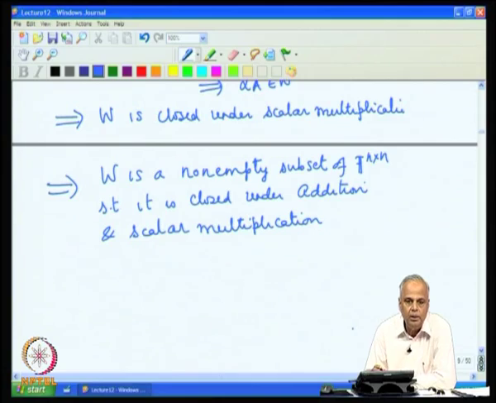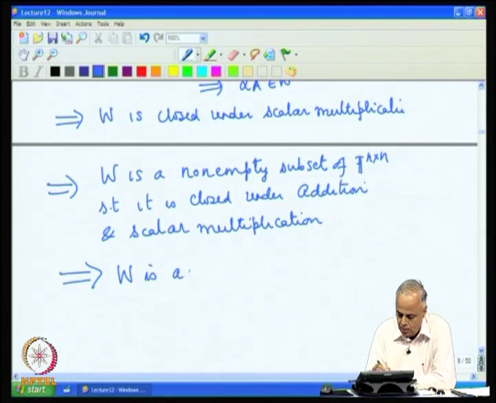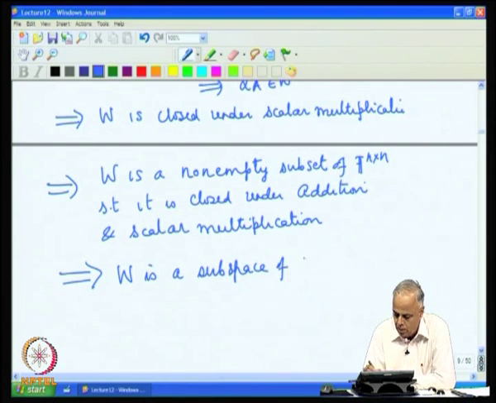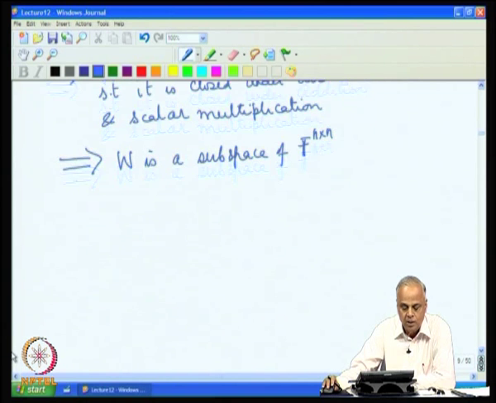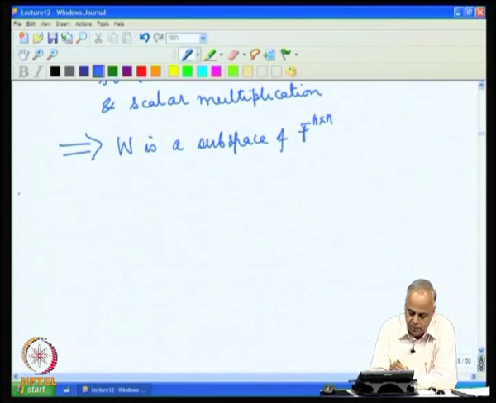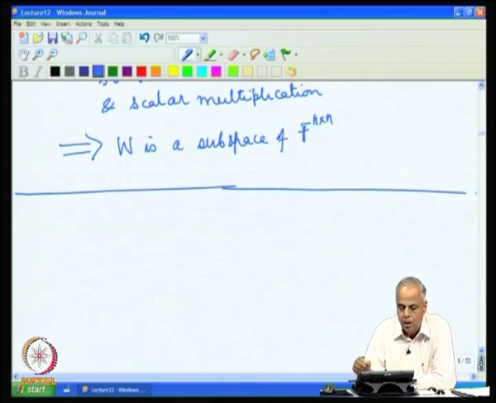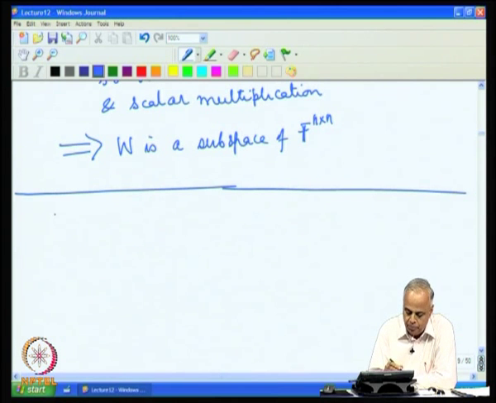And these are the qualities that are required for something to be a subspace, and hence W is a subspace of F n cross n. So, this is an example of a subspace in the vector space of matrices. Let us look at one more example.